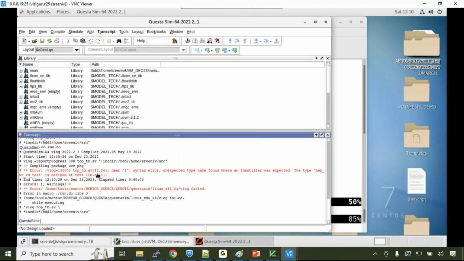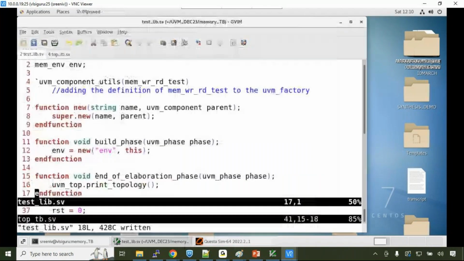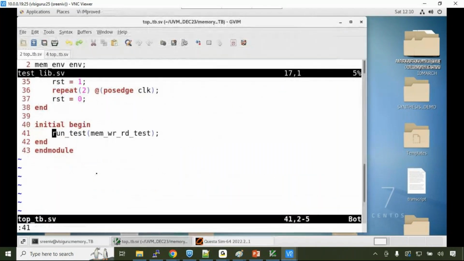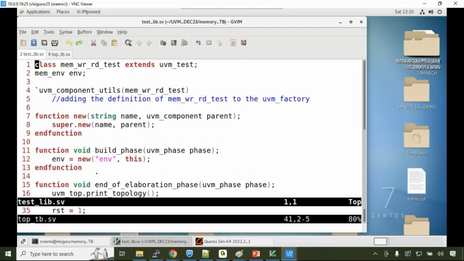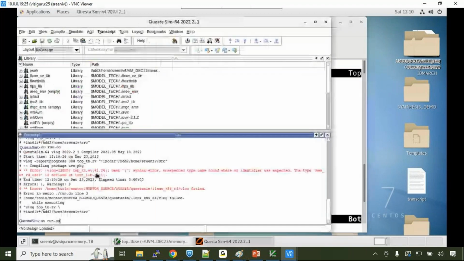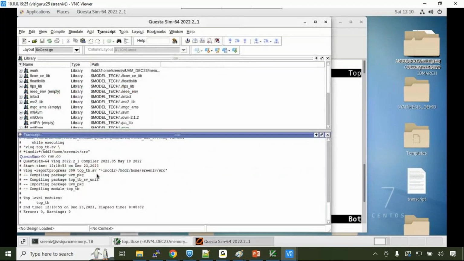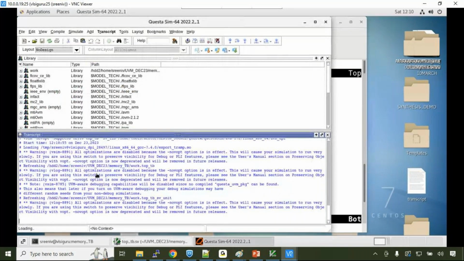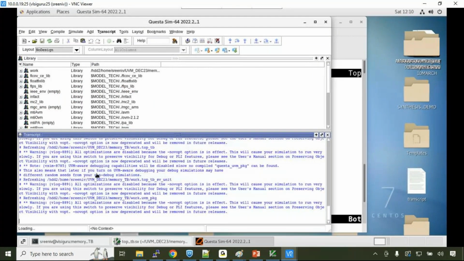Let's see. Right. I don't have to pass any double quote, but still it looks like I have to pass in double quotes because it's a name.